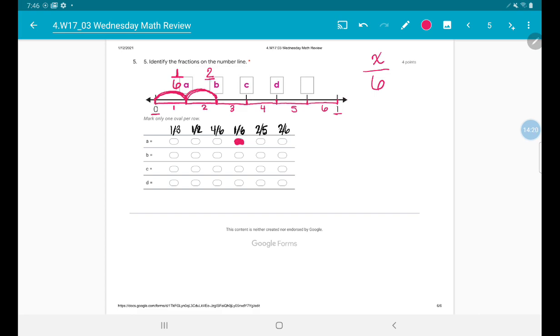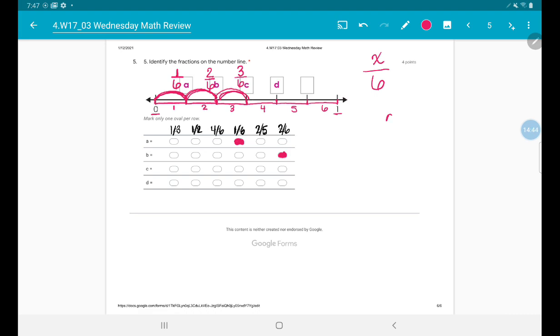So B is going to be equal to 2/6. To get from B to C, I'm going another 6th size space. So that will be 3/6. But I don't have an option that says 3/6.